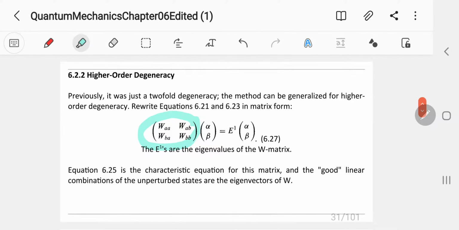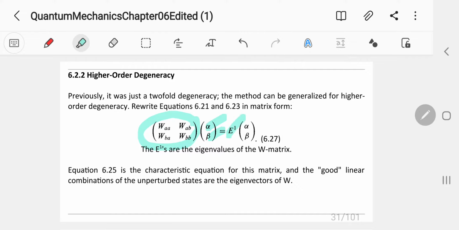Before we go there, alpha are just the contributions of the two states with the same energy, and E1 are the corrections of the energies, the eigenvalues of the matrix.